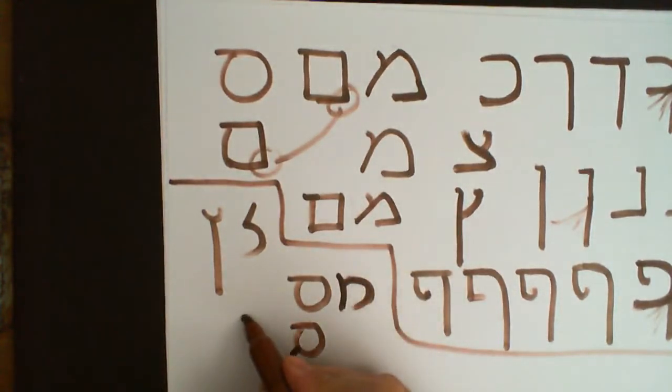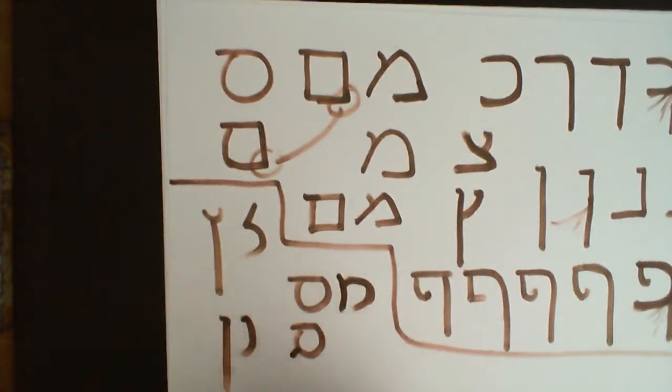Nun in Rashi script is pretty much the same. Final Nun in Rashi script is pretty much the same as well, which is like that. Pei in Rashi script is quite similar as well.